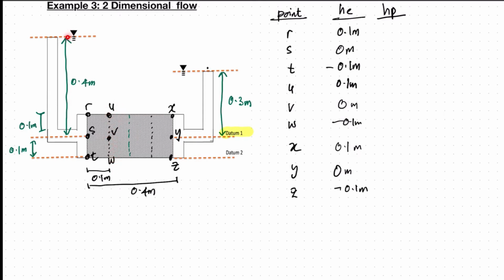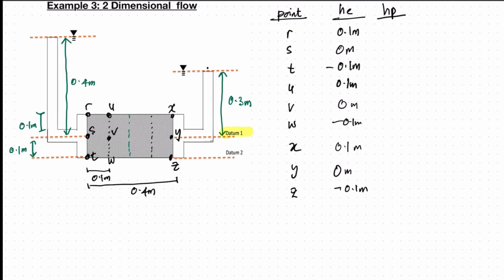Pressure head is measured from the water table level. On this side, all 6 points are based on this water table level, and on the other side X, Y, Z is from this water table level. I will show you the values so you can cross-check whether your values are correct.